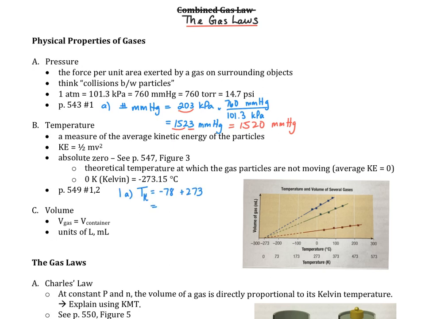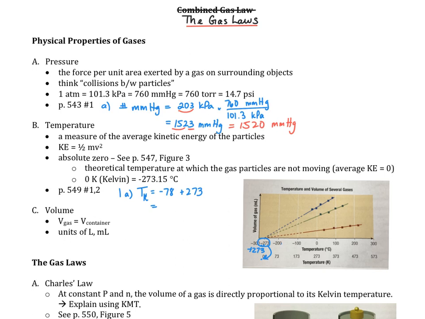Okay, so on page 549, number 1 asks you to convert negative 78 degrees Celsius to Kelvin temperature, or absolute temperature. And so we find the temperature in Kelvin by taking negative 78 and adding 273. Notice back here, if you took this negative 273 and added 273, you would get to 0.